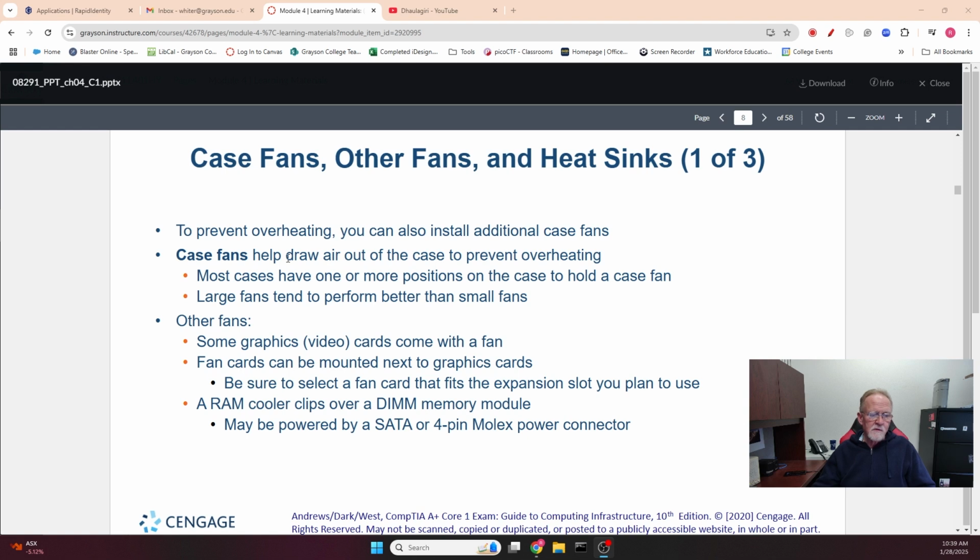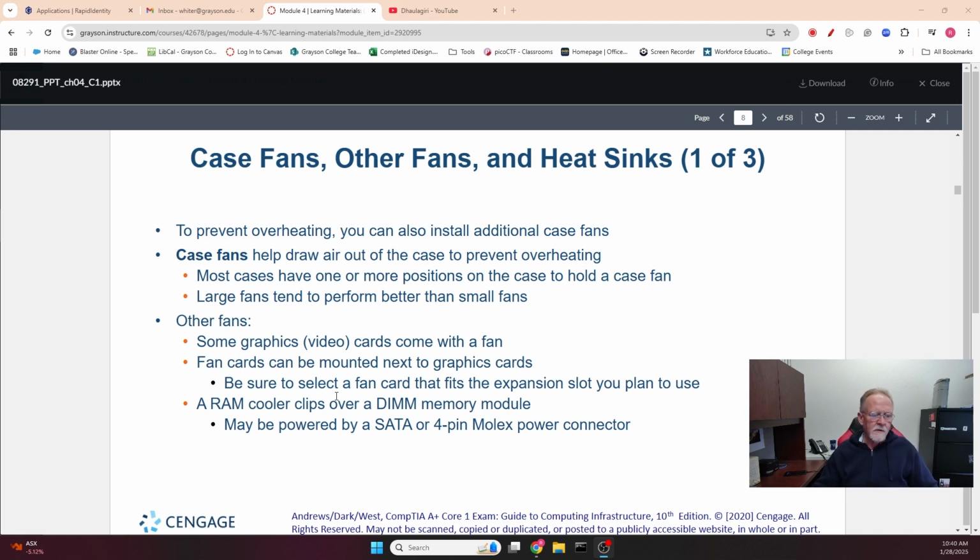Case fans move air around inside the case and help force it out the vent so it takes the heat with it. Most cases have one or more positions that'll hold a fan, and you can also find fans that are PCI slot compatible. That means basically it's a PCI card that has fans on it, and you would put it in your slots next to a graphics card so the fans will blow directly on the graphics card.